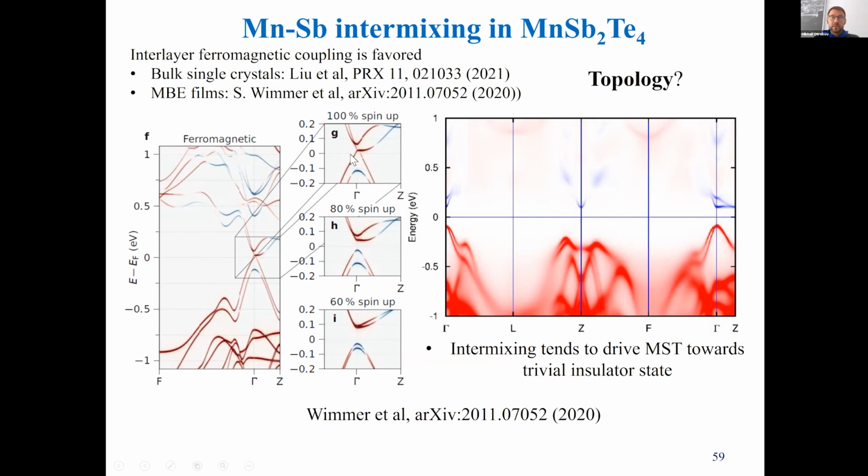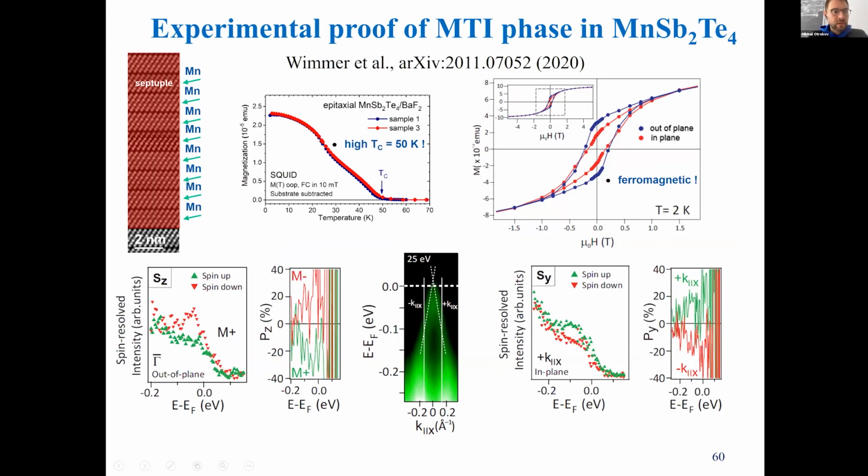This is on the hand of, let's say, the magnetic coupling. But on the other hand, if you have too much intermixing between manganese and antimony in your system, you will drive your system into the topologically trivial insulator case, as it is reported here. And I believe I do not have much time, almost no time.